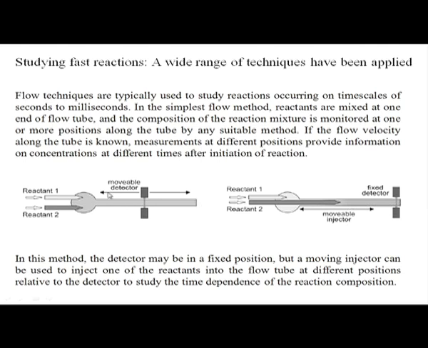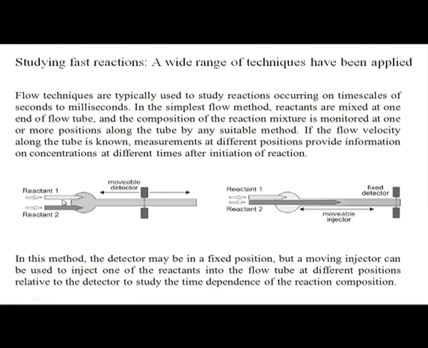So, in this case your detector is movable. In the other case, the injector can be movable, that is, your detector is fixed and the injector can be moved from maybe this position to this position. So, in the second method, the detector may be in a fixed position, but a moving injector can be used to inject one or more reactants into the flow tube at different positions relative to the detector to study the time dependence of the reaction composition.